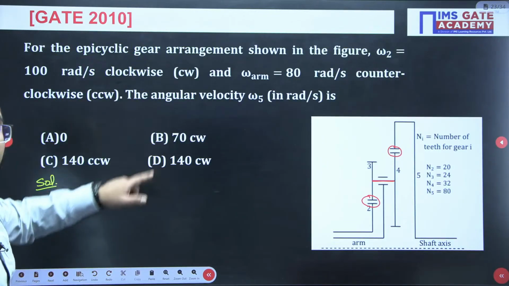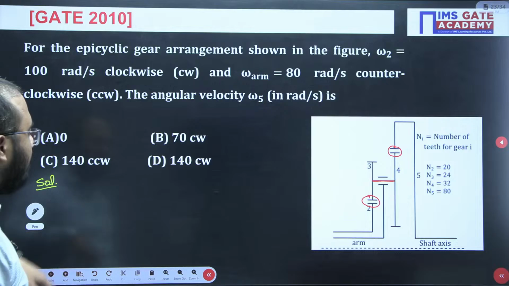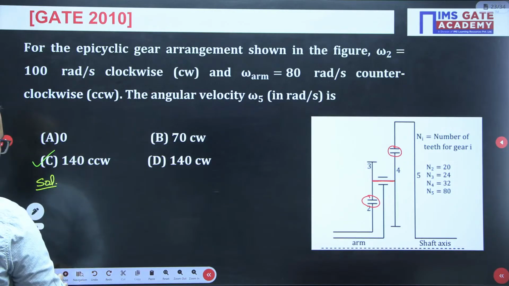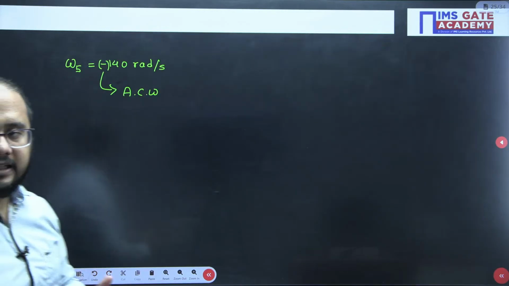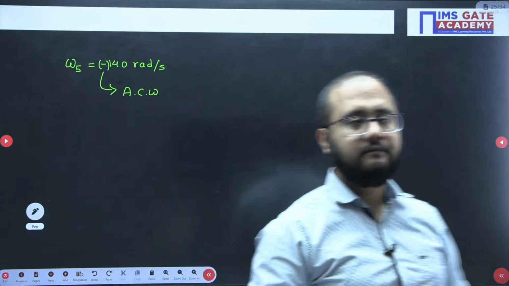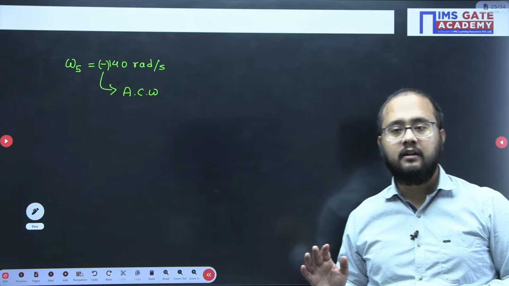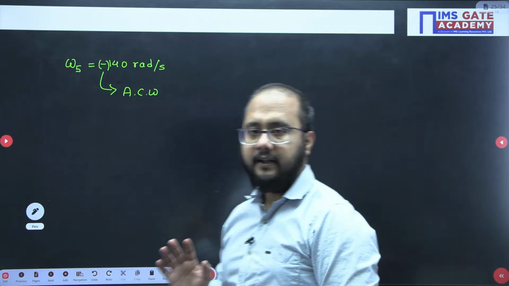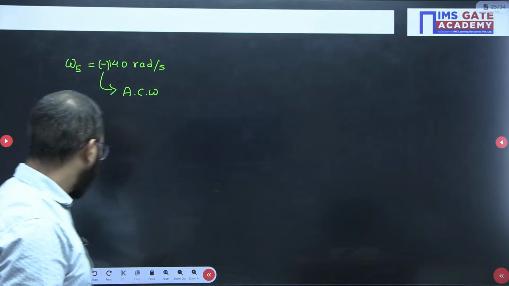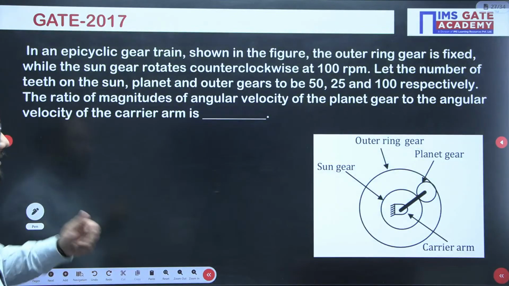Now options are also given, clockwise and counterclockwise. So option C will be correct here, because we are getting a counterclockwise, that is anticlockwise, answer. Is it clear everyone? Fine. Now next question, guys, this one.